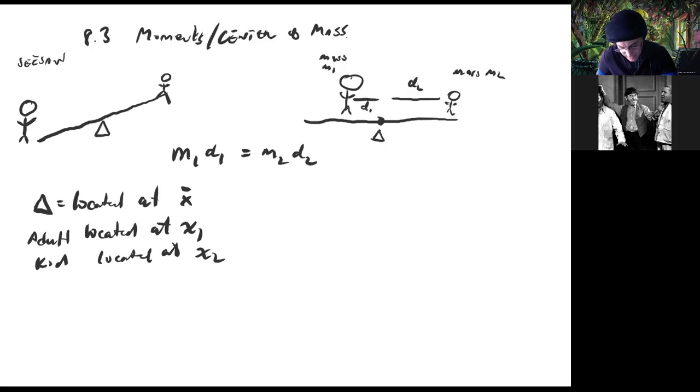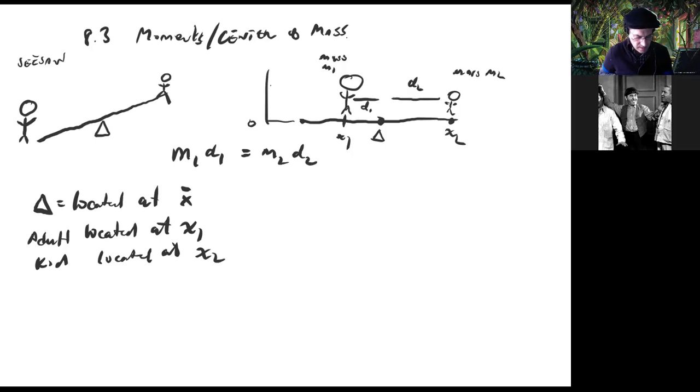So this one here would be x1, and this point would be x2 on the x-axis. The x-axis maybe starts over here.